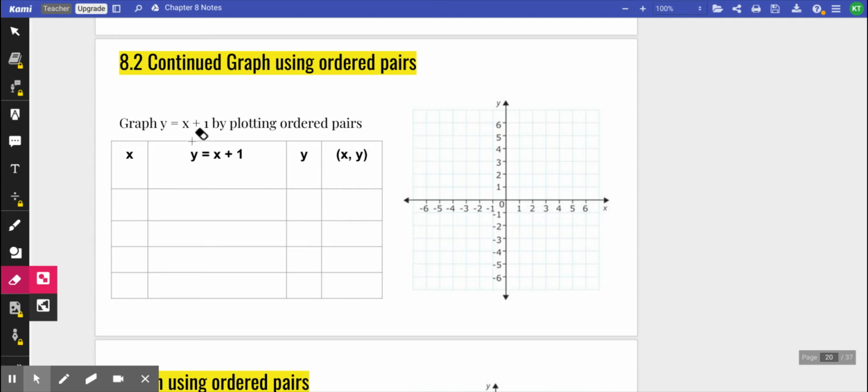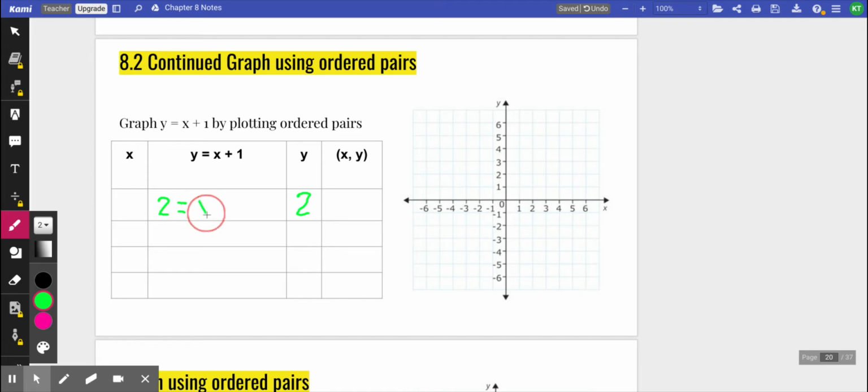So we started and we were plugging in values for X. Okay, but it doesn't matter. I could say, all right, well, I want to find out what X is when Y is 2. So I'm defining Y right now. You can pick either one. I could say, okay, Y is 2. So when I plug it in, I'm saying 2 equals what plus 1.